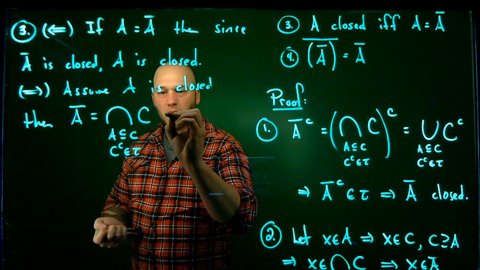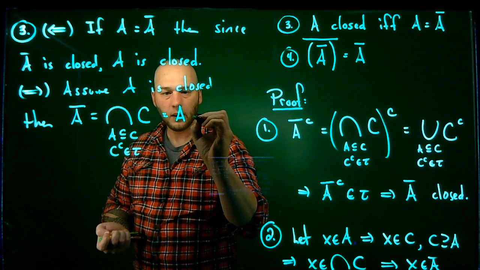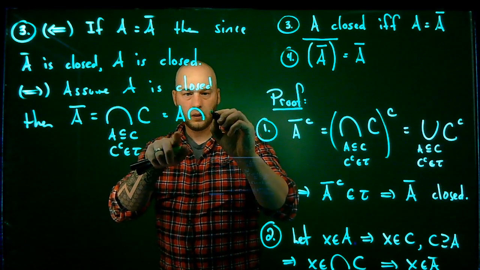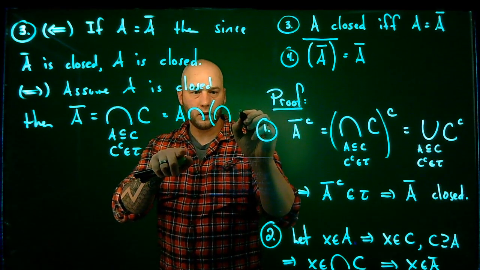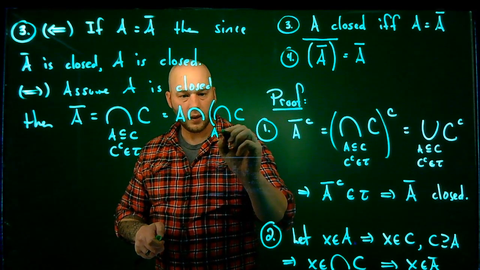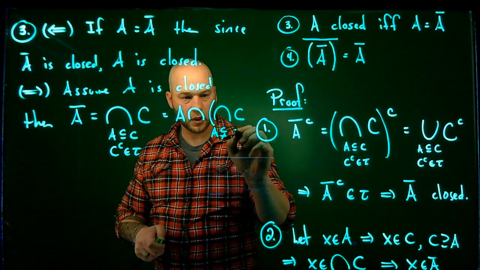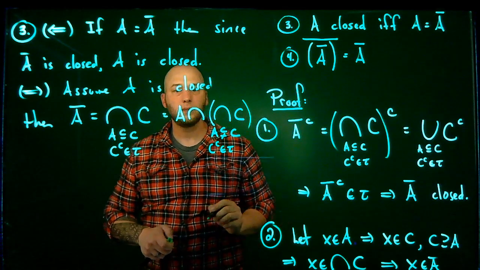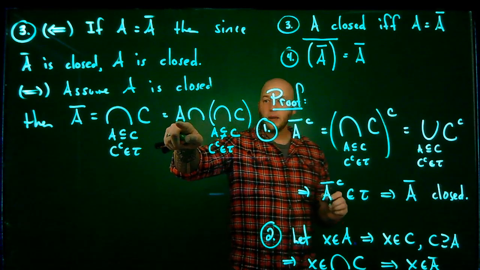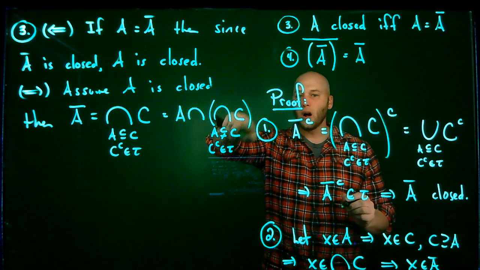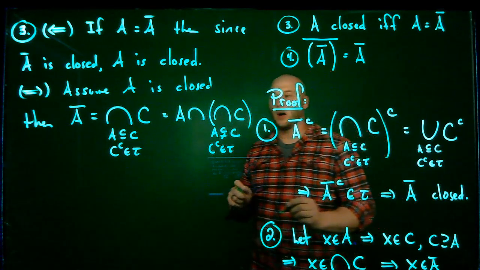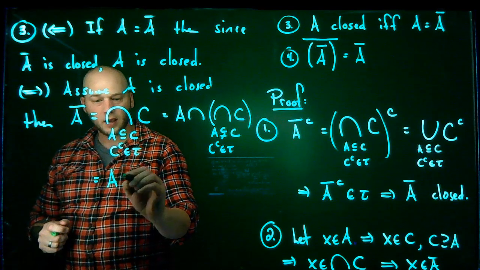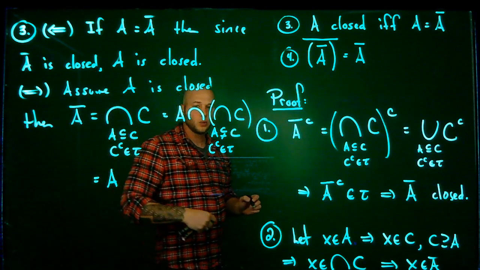So this is going to be equal to A intersect the intersection of C, where A is a proper subset of C and the complement of C is open. But A is in fact a subset of all of these, and therefore this is equal to the set A. Therefore, the closure of A is equal to A.